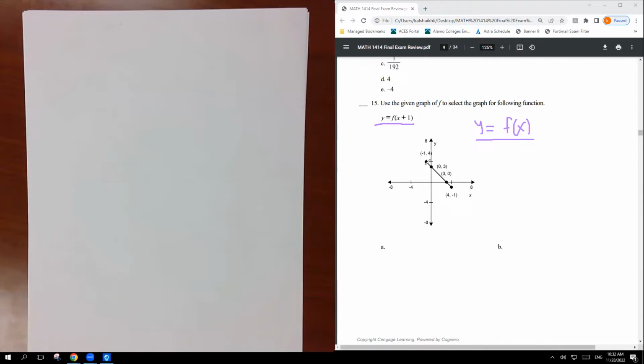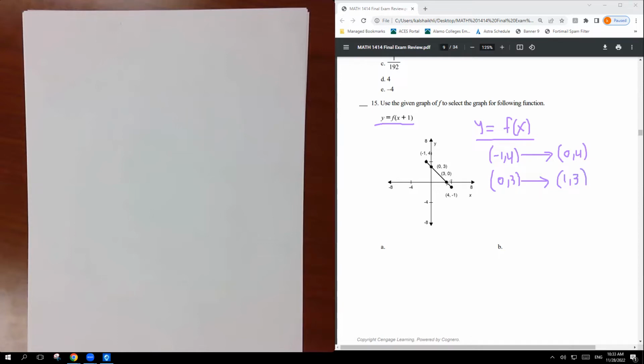But the easiest one to figure out, because you have the points here, you're going to take each point, like -1 and 4, and change it by adding 1 here. So it's going to be 0 and 4. The second point is 0, 3. So it's going to be add 1 here. So we're going to graph 1 and 3.